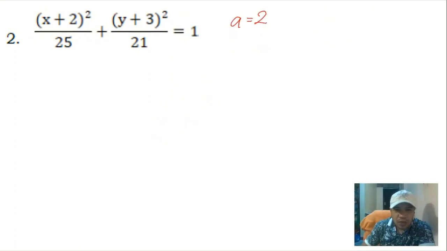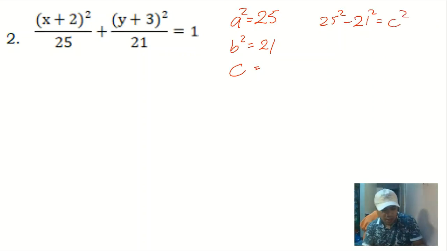So a squared is 25, b squared is 21, c squared is a squared minus b squared, that is 25 minus 21, which is equal to 4. So c is 2.